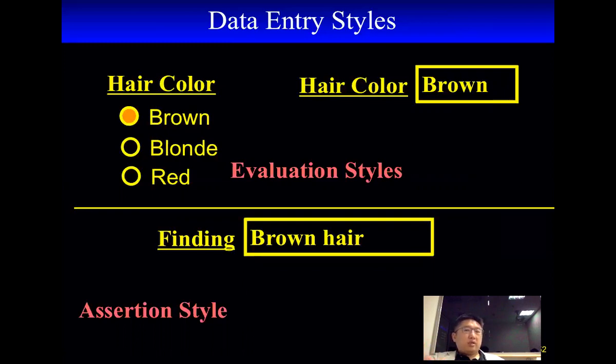But mostly, for the evaluation style, we are talking about the pre-coordinate style, because you have to list everything together. So that is the pre-coordinate concept.